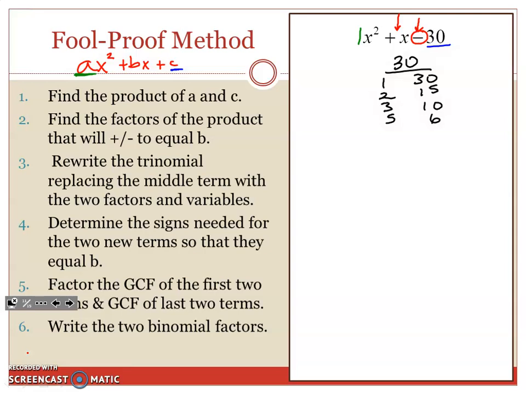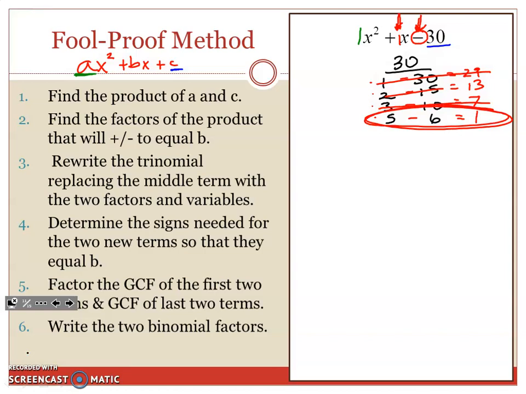So we need to find between these factor pairs up here, which one of them subtract to give me 1. Well, 30 minus 1 gives me 29, so it's not those. 15 minus 2 gives me 13. Not that. 10 minus 3 gives me 7. Nope. 6 minus 5 gives me 1. That's the one that I want. I need to use 5 and 6.